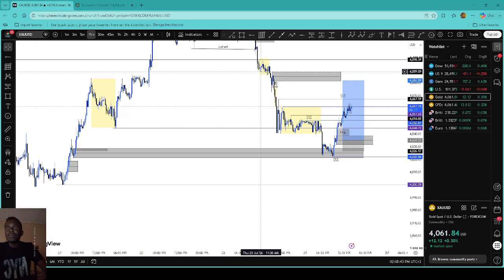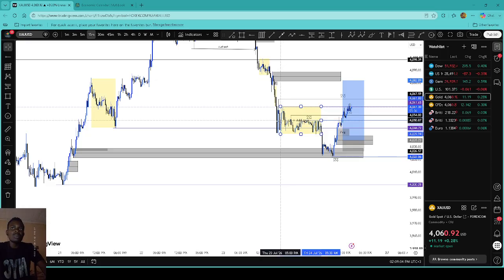Now price has come back again and retested this area, with a lot of consolidation, but price gave a fake out. You see this candle here, many people started buying gold at this point. It was a fake out. That's why I put up this yellow box, because it's also an inducement.